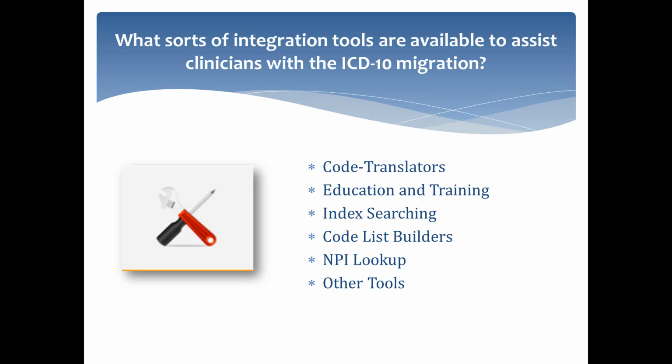And so the index can help you to see if there are new areas. So take time to look and do some index searching as well on your commonly used codes to see if there are better areas. One tool that is offered by Find a Code is a code builder.